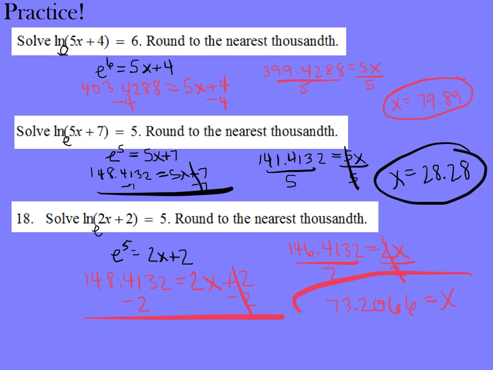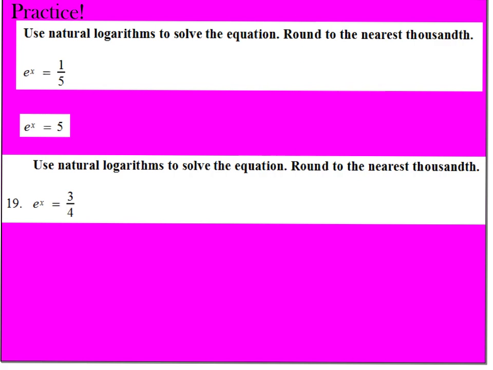Okay, for this last set of problems that's new to us, the ones we didn't really discuss too much in class, I see that I have e to the x equals some number. Now, 2 slides ago, we talked about how ln and e are inverse functions and that they cancel each other out.